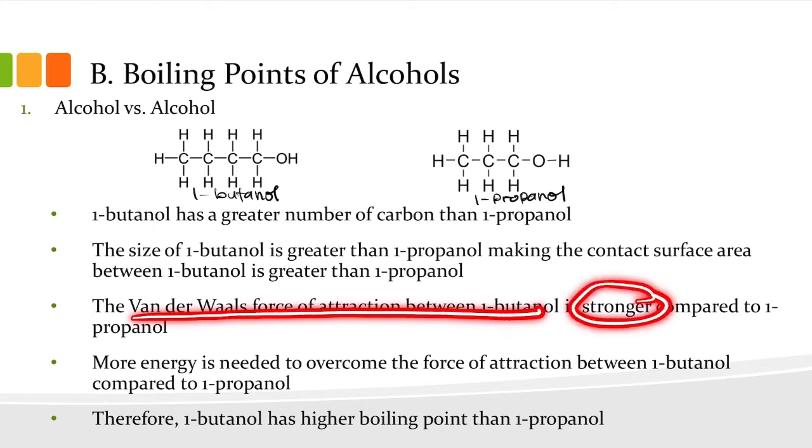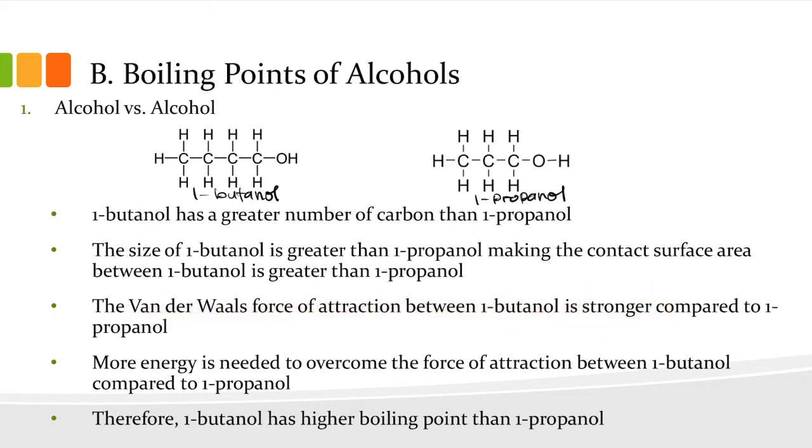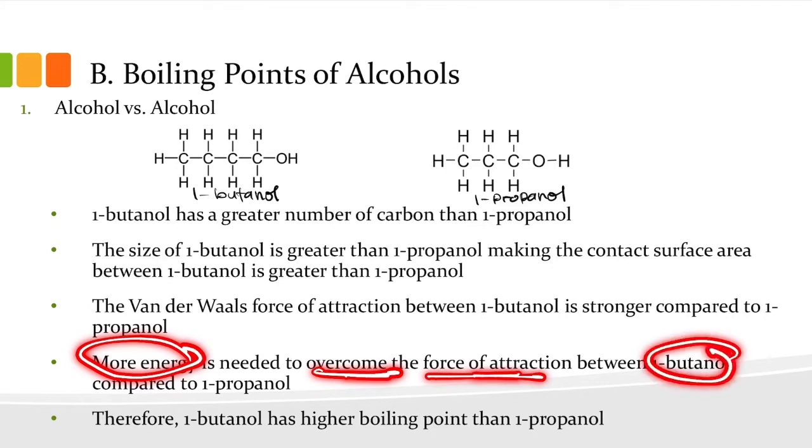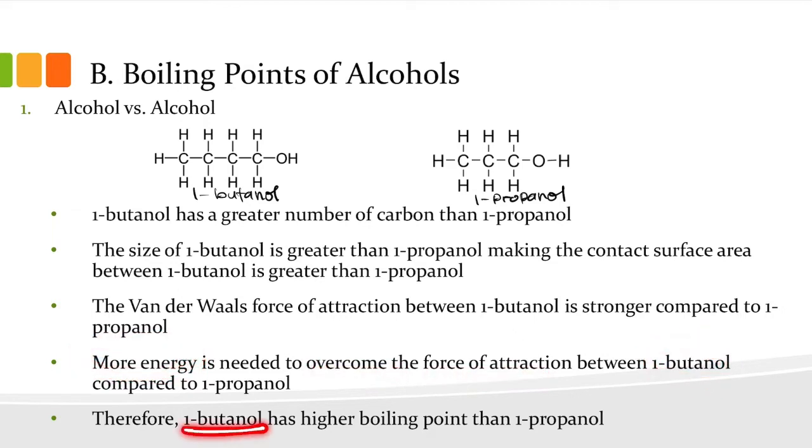The van der Waals force of attraction between 1-butanol molecules is stronger compared to 1-propanol. This means more energy is needed to overcome the force of attraction between 1-butanol molecules compared to 1-propanol. Therefore, 1-butanol will have a higher boiling point than 1-propanol.